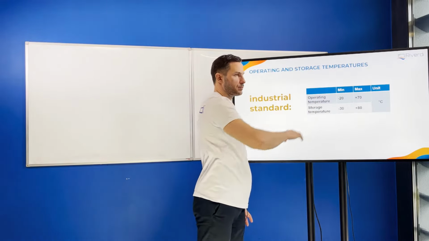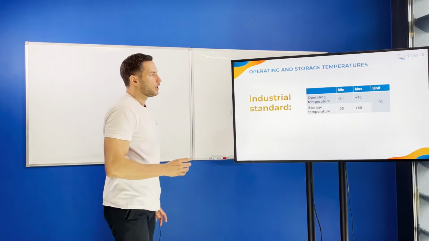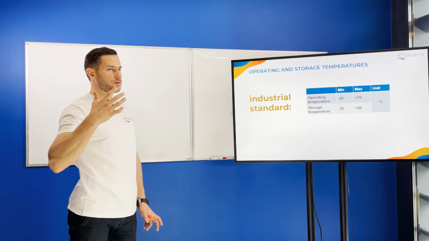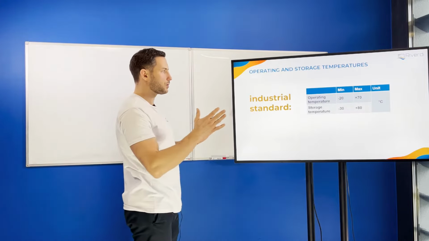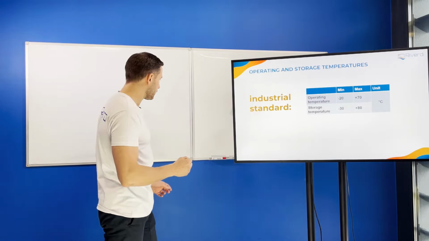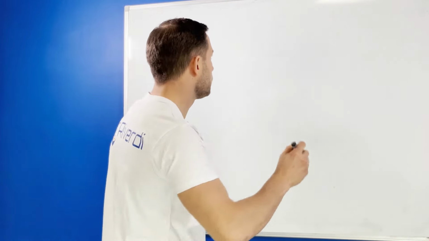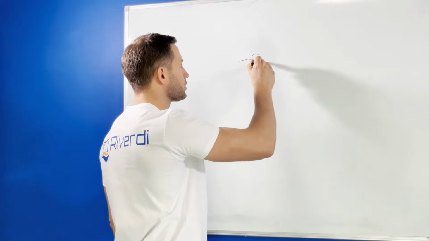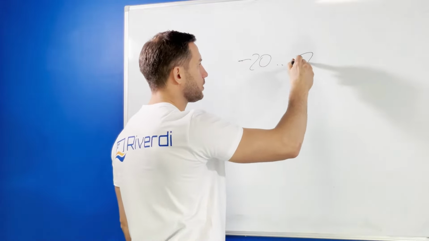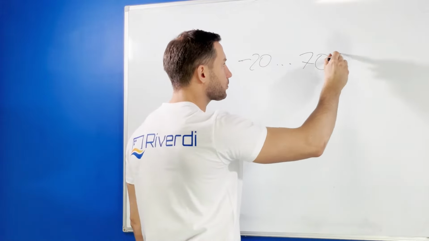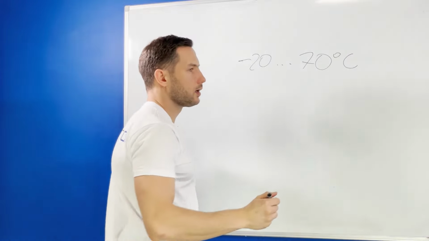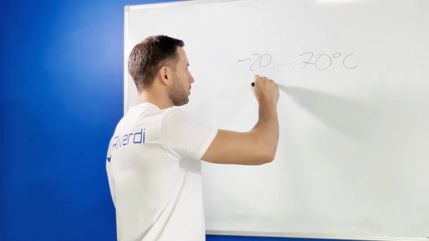And above this temperature, it changes phase. The phase in which we normally work, in this range of temperatures, let's say -20 to 70 degrees, is what we call nematic.